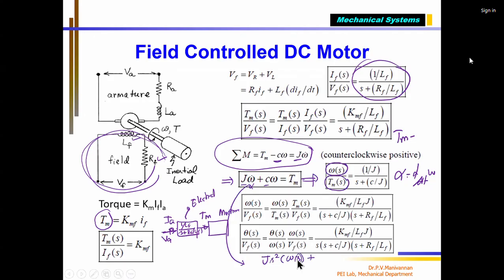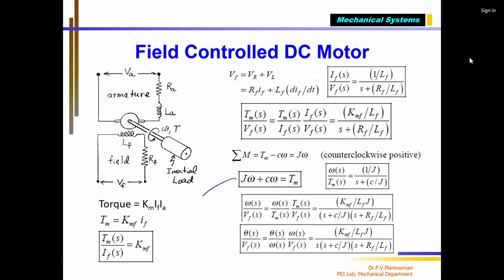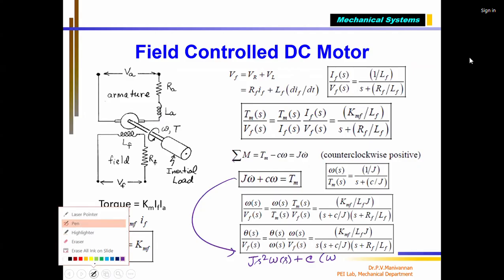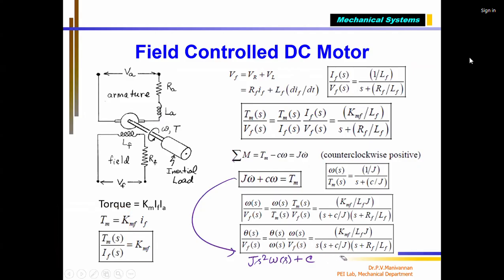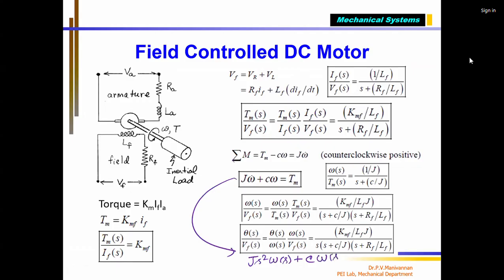Okay. Let me clear this. So from this I can write J S square omega S plus C omega S equal to input, correct?